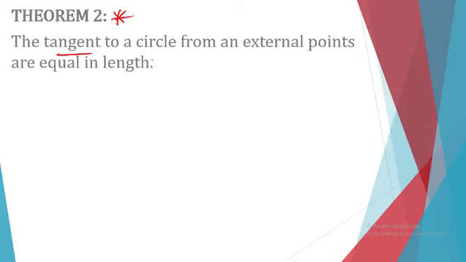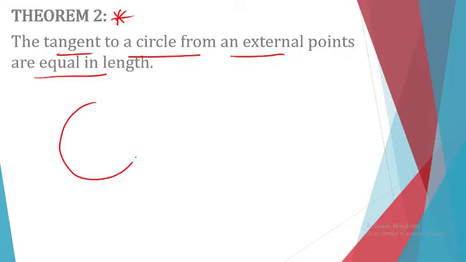Let us look at the second theorem. It says the tangents to a circle from an external point are equal in length. Okay, let us illustrate that.